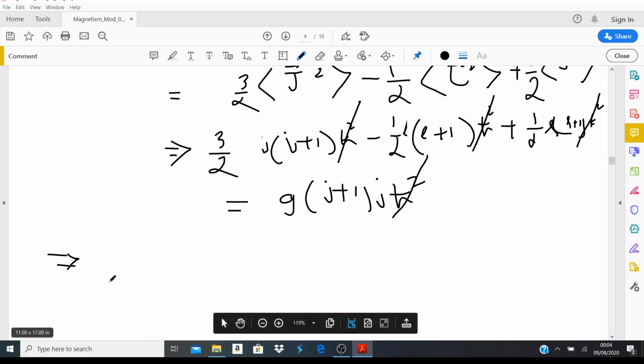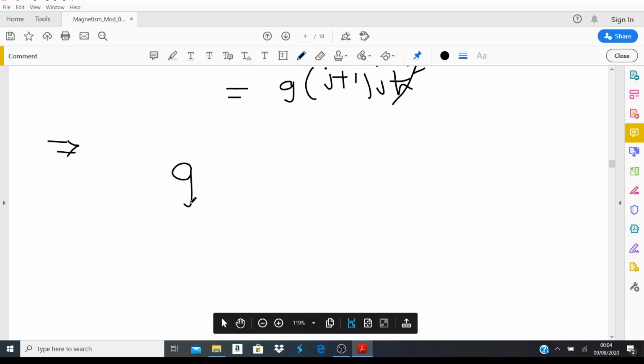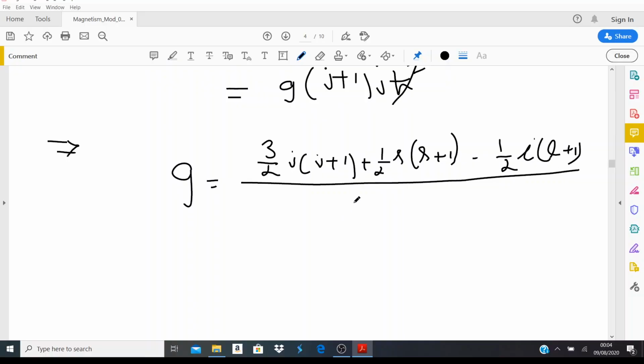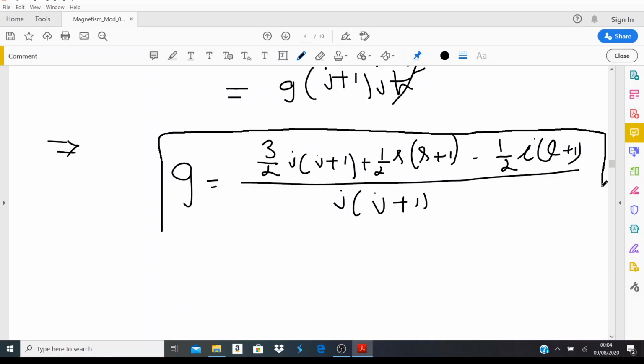So finally we obtain the expression for our g factor, which is nothing but 3 by 2 plus half S times S plus 1 minus half L times L plus 1, divided by J times J plus 1, right? That's the Landé g factor.